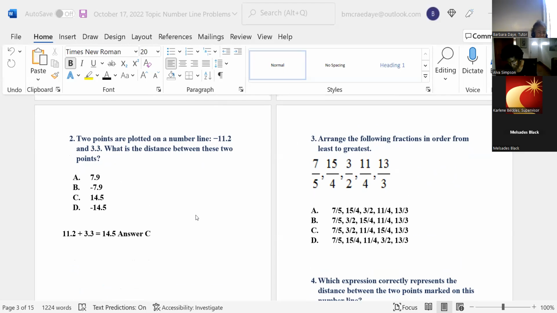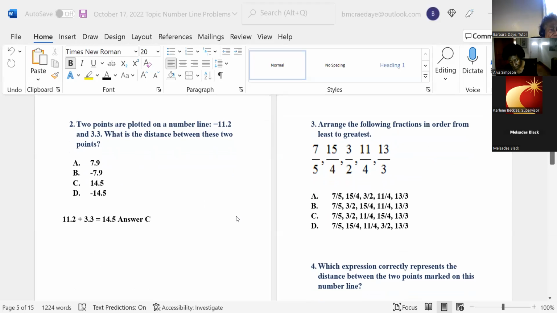You don't see where we are now? You're still seeing the whiteboard? Yes, miss. Okay, I did a new share and then I went to my topic. Now it's back. You see it?